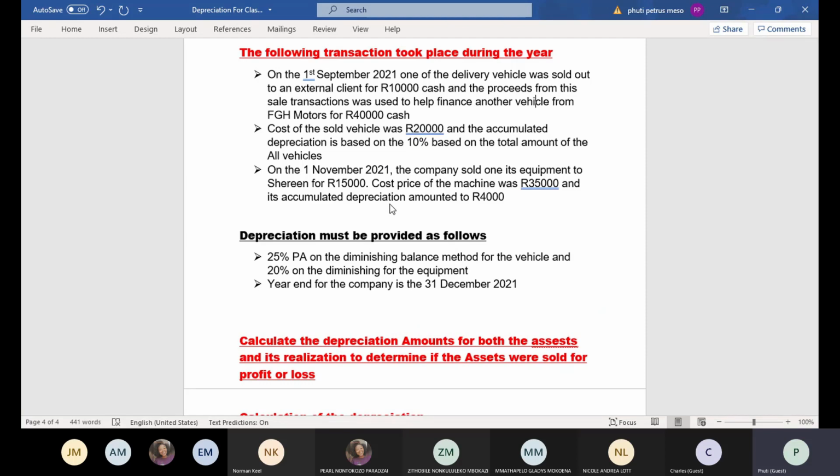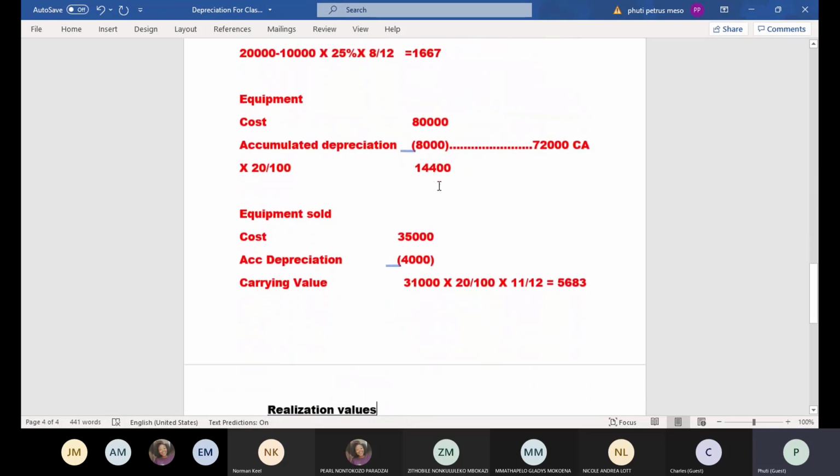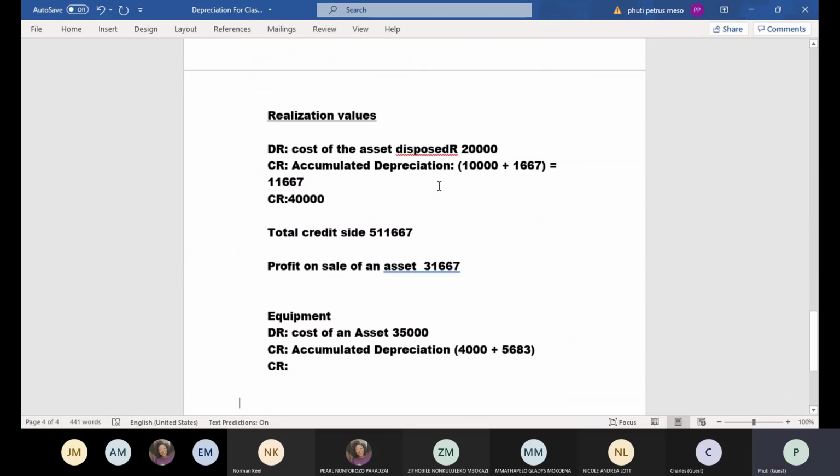Okay, basically we don't have the cost of the disposed. Cost price of the machine is 35,000 Rand. It was actually on the debit side. So let me go down. Okay, it's gone.